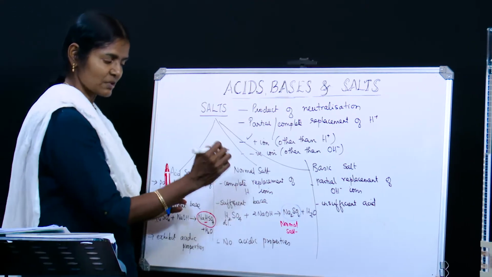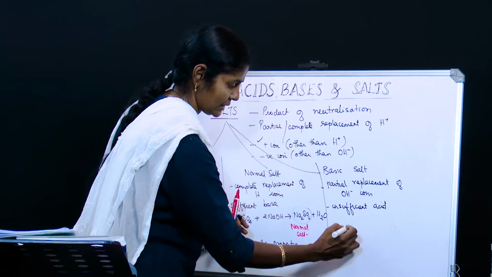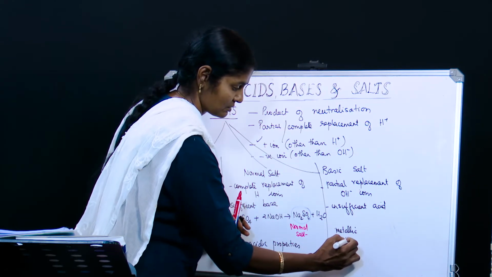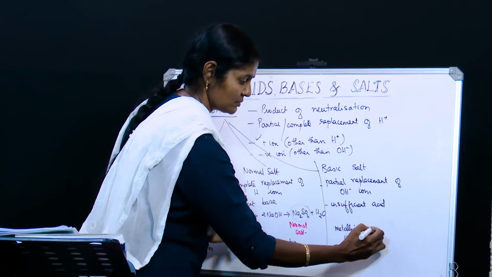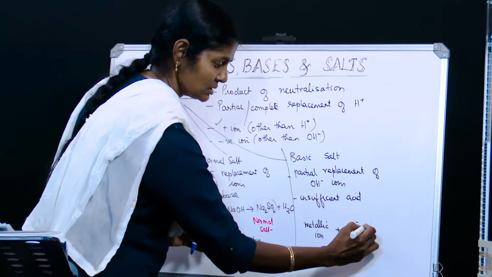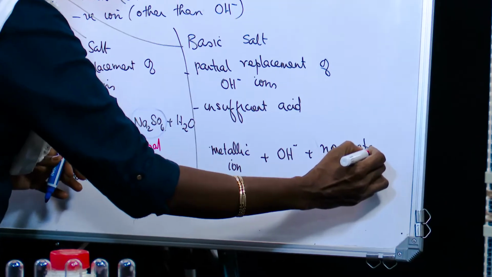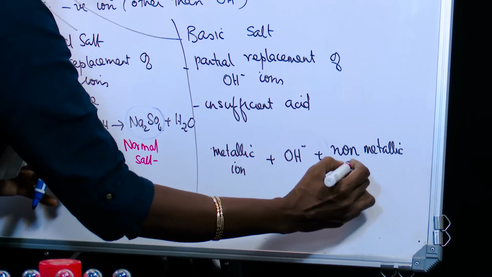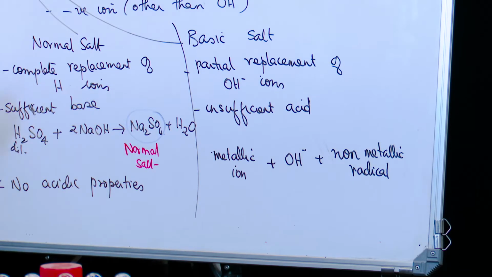So what these basic salts would have is a metallic ion, plus there will be one hydroxyl ion also, plus a non-metallic ion or radical. Radical we call when it is made of a group of atoms.